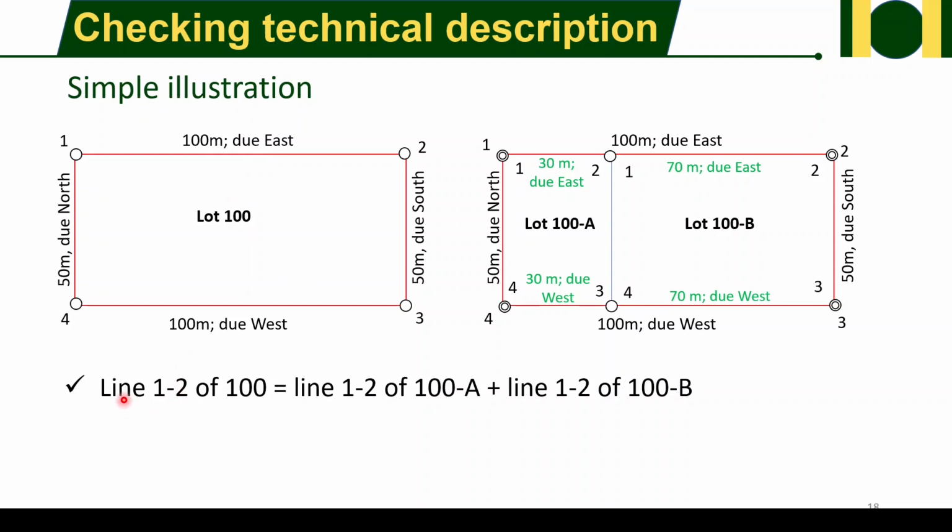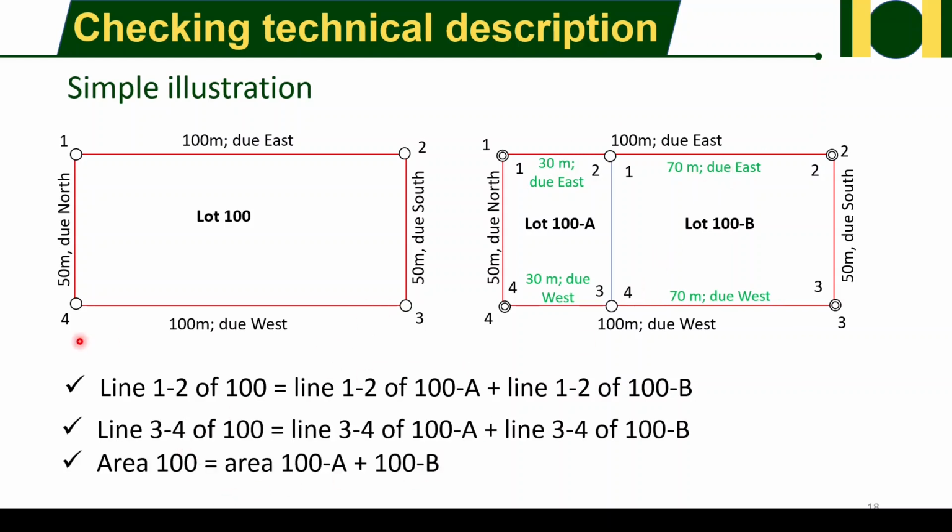So meaning to say, line 1 to 2 of 100 is equal to the summation of these distances. And line 3 to 4 of 100 should be the summation of these two distances.